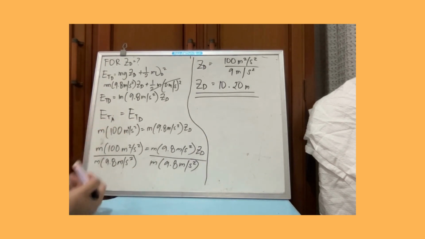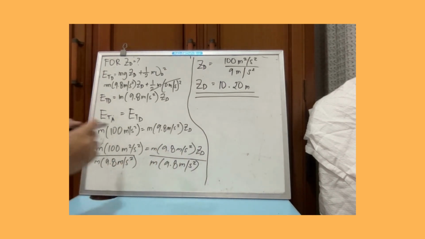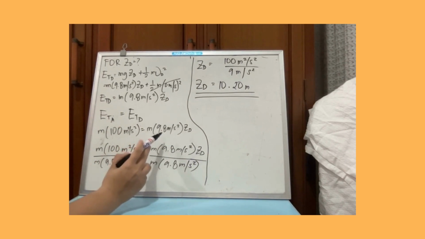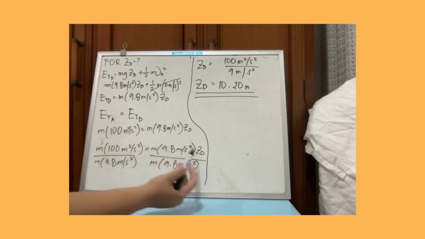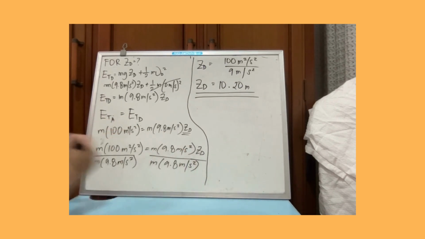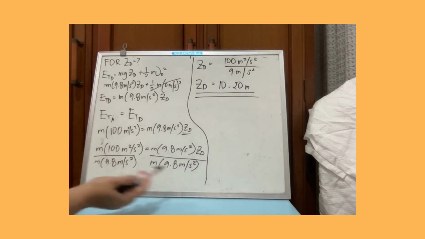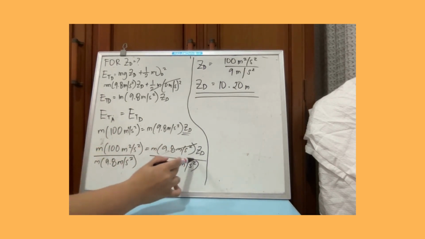Para sa conservation of energy natin, which is total energy sub A is equal to total energy sub D, mass times 100 meter squared per second squared is equal to mass times 9.8 meter per second squared times Z sub D. We need to divide mass times 9.8 meter per second squared on both sides para malipat natin siya at matira ay yung Z sub D. So, ilipat natin, cancel.